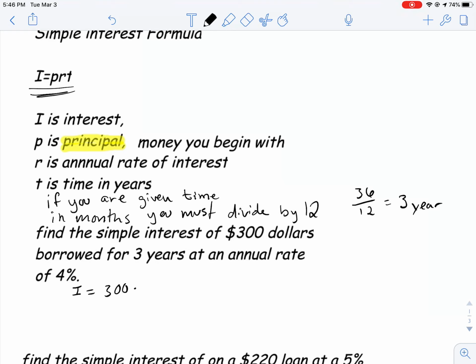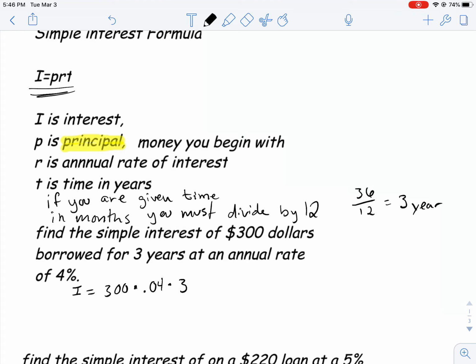So our interest equals $300 times our rate, 4%, which is 0.04, and then times our years, which is 3. When we plug this in, it'll kick out what our interest is, just the interest that we make or that we would pay on a loan.